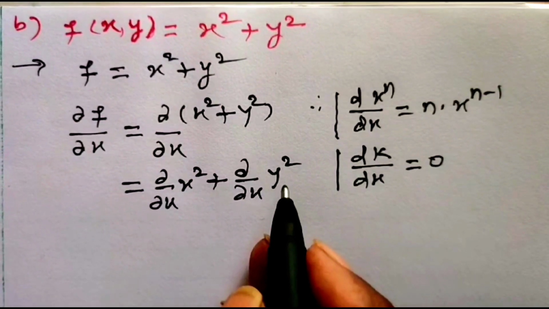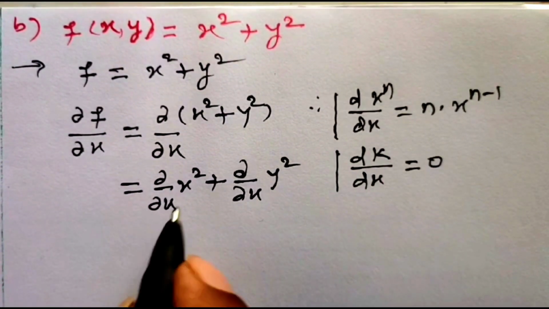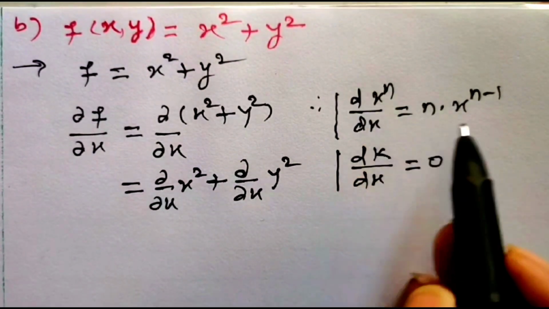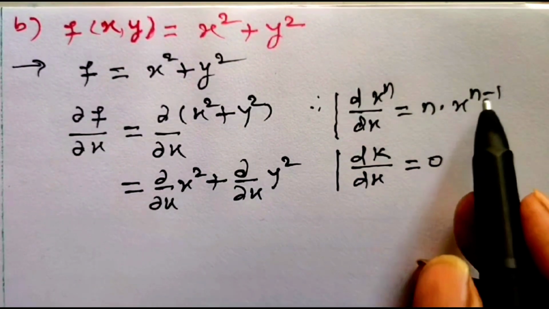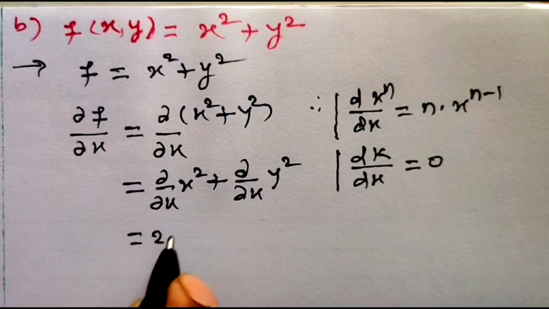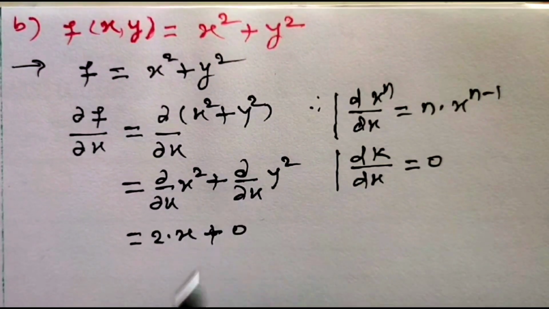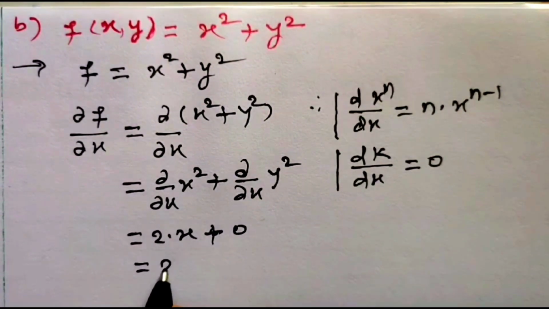Here y is constant coefficient, so y square becomes constant, and derivative of y square is 0, and derivative of x square, applying this formula, power into variable x, its power reduces by 1. So this is equal to 2 into x to the power 2 minus 1, that is 1, plus 0, and this is equal to 2x.